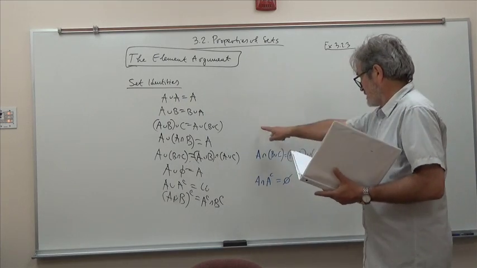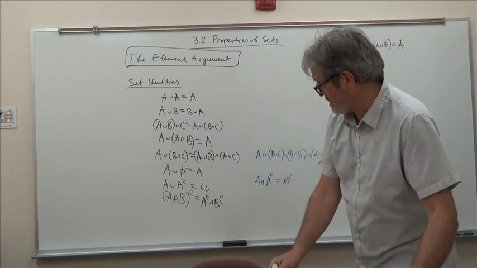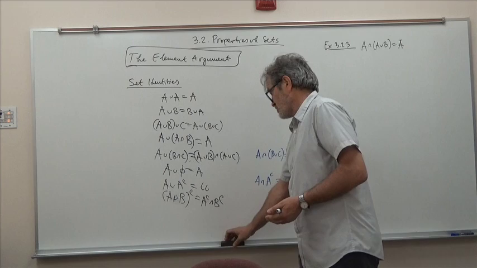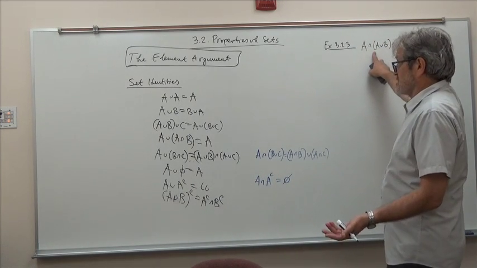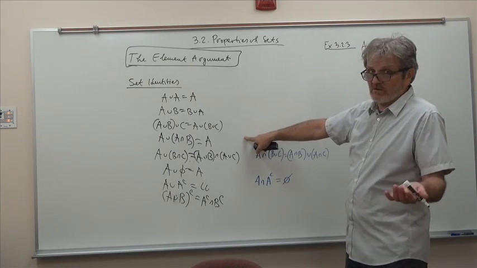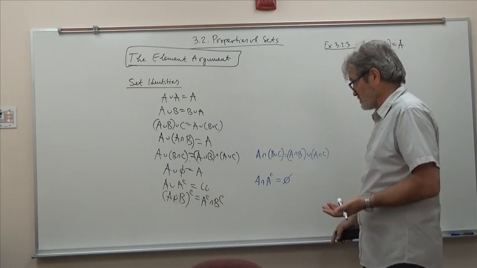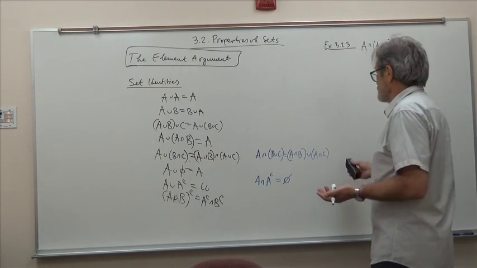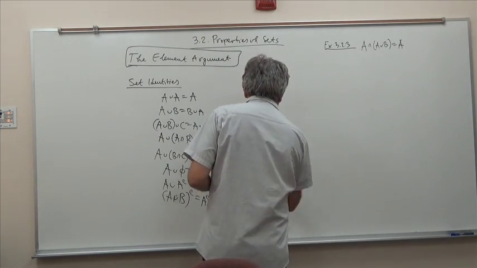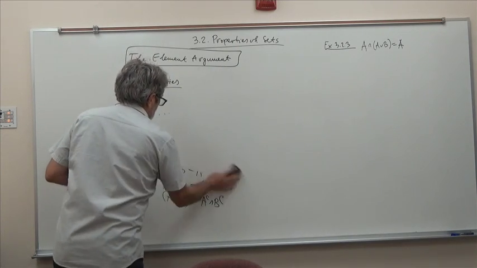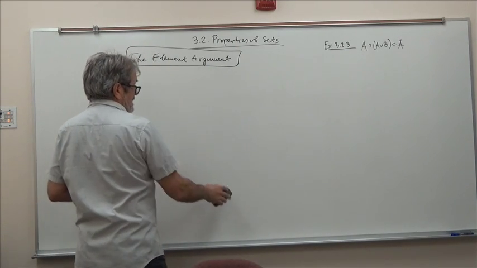So how do we prove that? Of course, if I ask you this on the exam, you cannot just say, oh, that's one of the set identities from our notes. So obviously here, I'm asking you to prove that using the element argument, so I cannot use the identities.